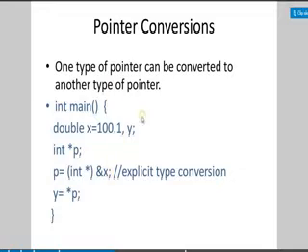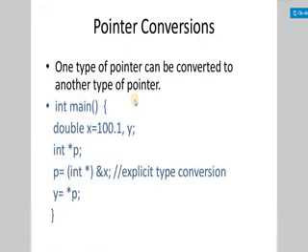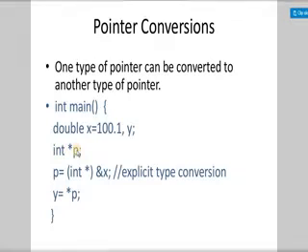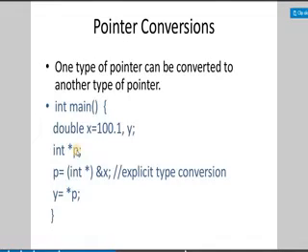So now this is about pointer conversion. As already we have discussed implicit type casting and explicit type casting, in case of pointers also type casting is possible. As you see in this example, we have taken a variable x whose data type is double, but the pointer variable p we have taken as integer. This integer data type indicates what kind of value this pointer can point to.